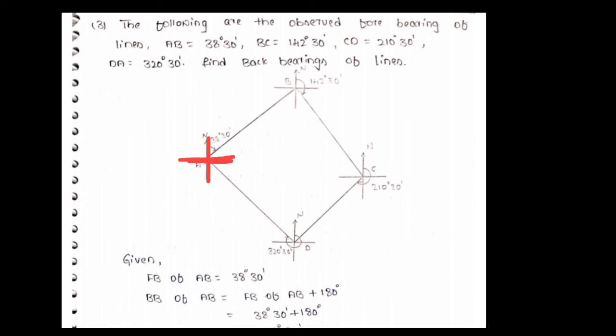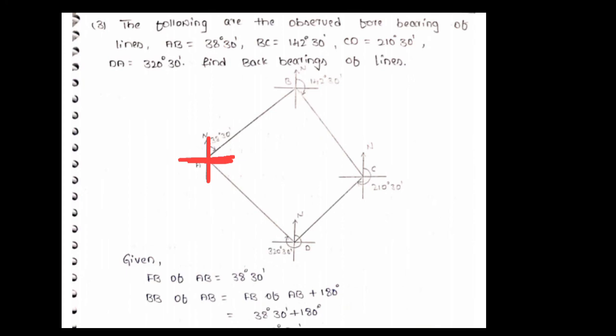They have given four bearing values. The fore bearing is the angle measured in the direction of progress of the survey. The angle calculated from point A to point B is known as the fore bearing. If we take the line BC, the angle from B to C is also a fore bearing.